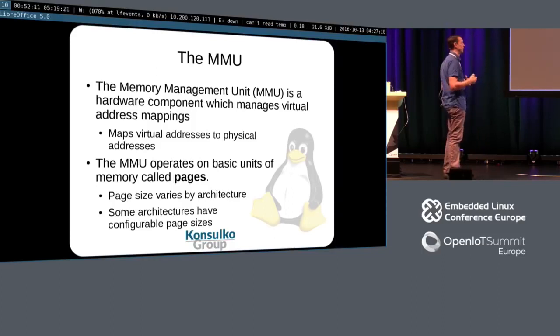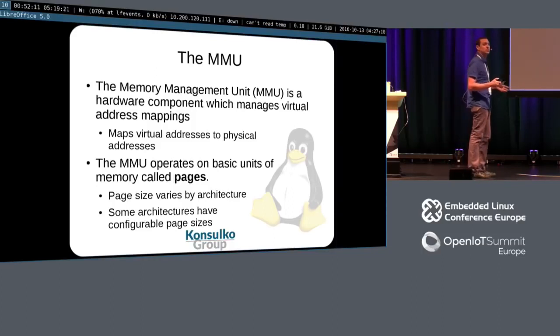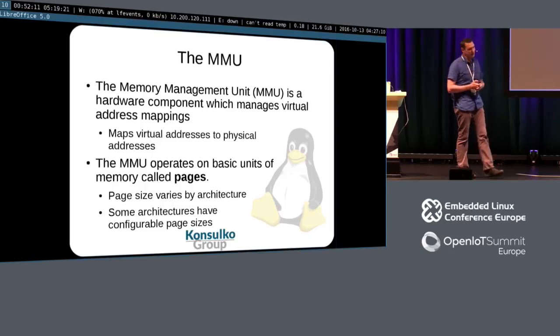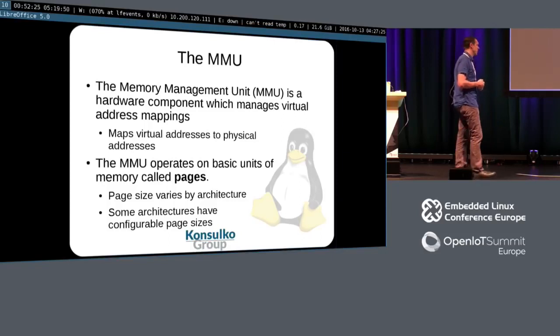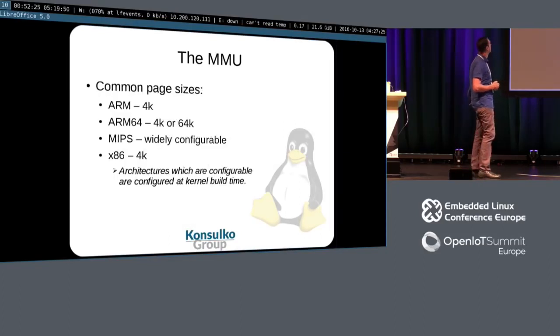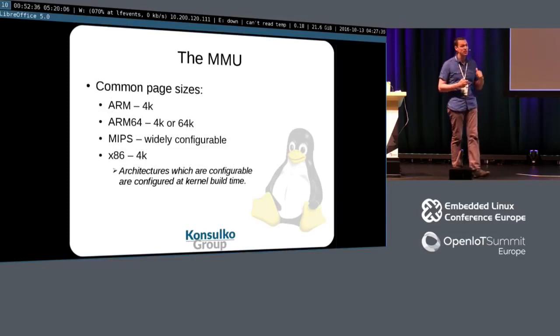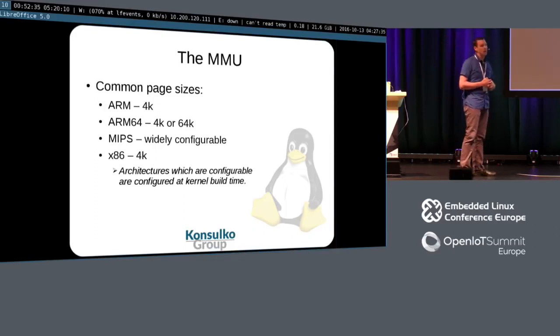It works on the granularity of a unit called a page. People always hear 4K, and most architectures are configurable. There are some advanced features, some very large page types. We're not going to get into that today, but here are some common ones: 4K, or 4K or 64K on ARM64.